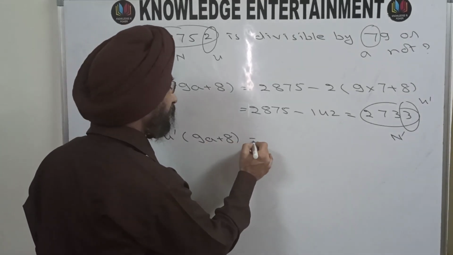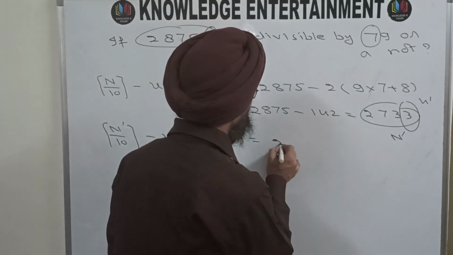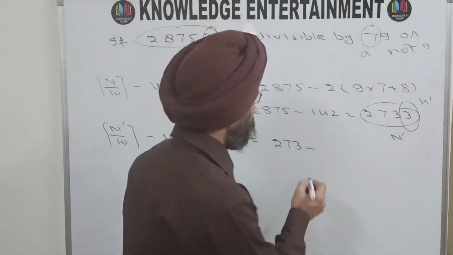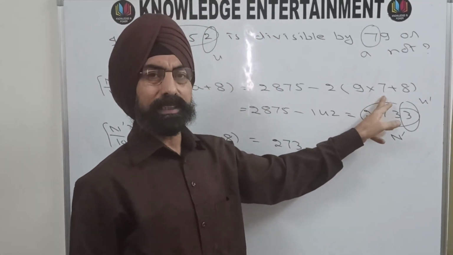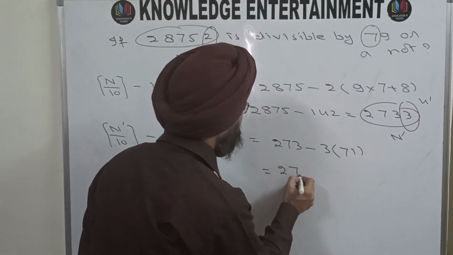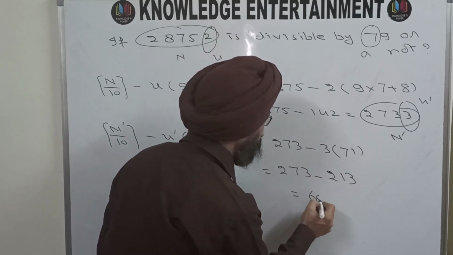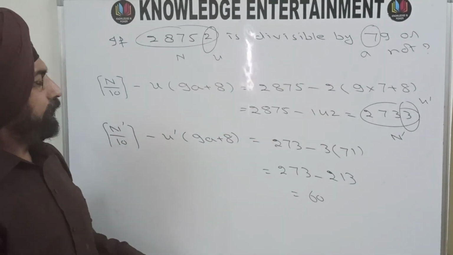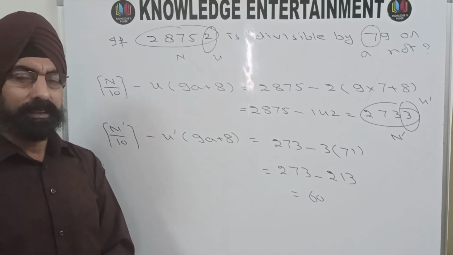So n dash by 10, once again the last digit will be removed and the rest of the number is 273, minus, now u dash is 3, so 3 times, and within the bracket you will again get 9 into 7, that means 63, plus 8, that means 71. So this is 273 minus 213, so you will get 60, and 60 is not divisible by 79. That means the original number 28752 is not divisible by 79.